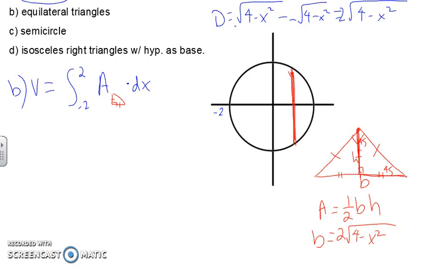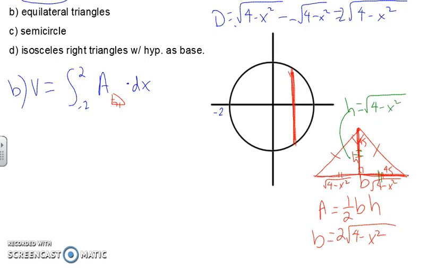Now again, if this whole base is 2 square root of 4 minus x squared, isn't this half a base square root of just 4 minus x squared, right, on each side, like that? And if that's the case, doesn't it mean that this height would also have to be equal to this half a base? So I know that height's going to be square root of 4 minus x squared as well.